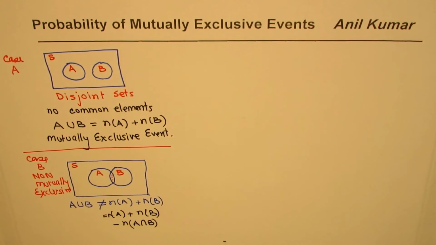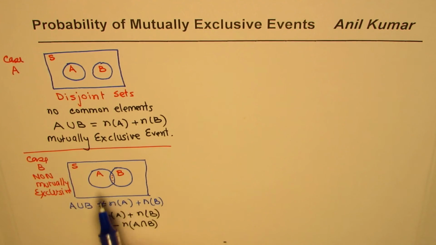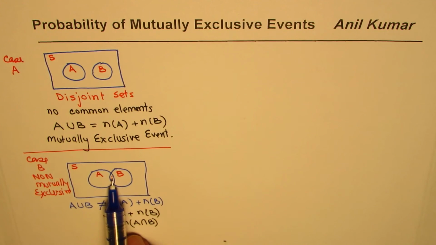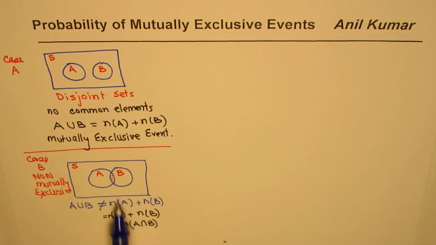So these are different. So in mutually exclusive, we have disjoint sets, so we can combine the numbers. In non-mutually exclusive, we include a few twice, so we have to exclude them. So we'll talk about it later when we talk about inclusion and exclusion.